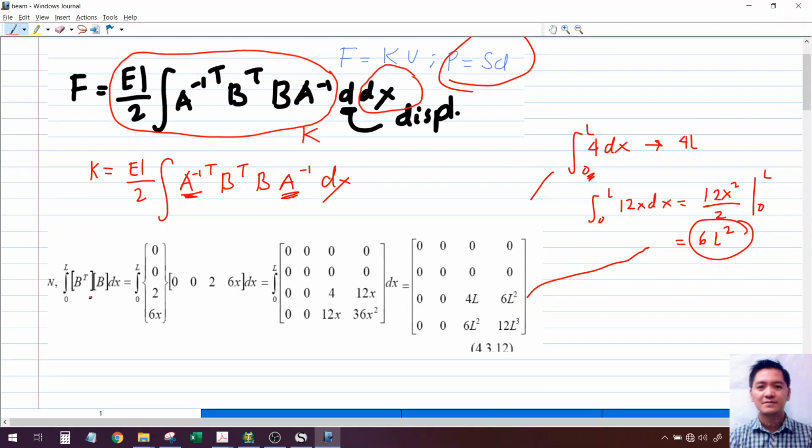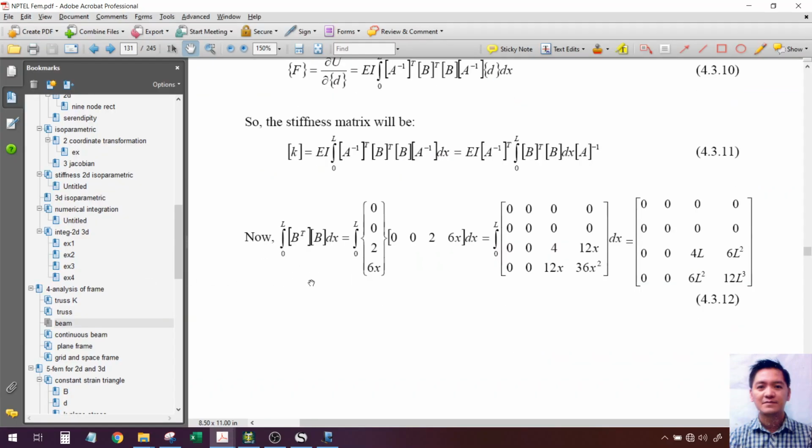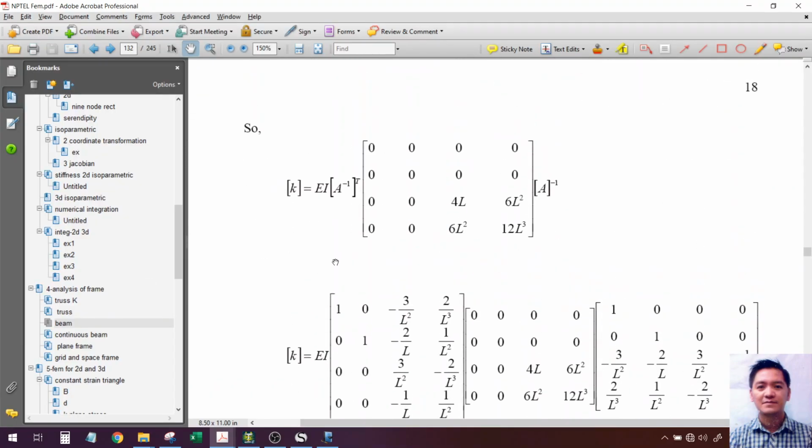So, alam na natin yung integral of 0 to L B transpose B. Next is, tuloy na natin yung K. Okay?